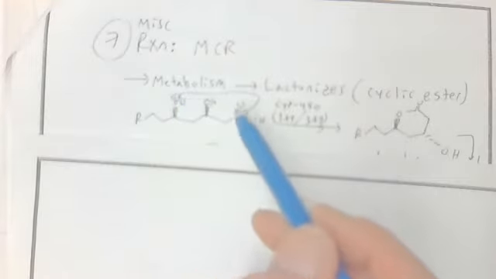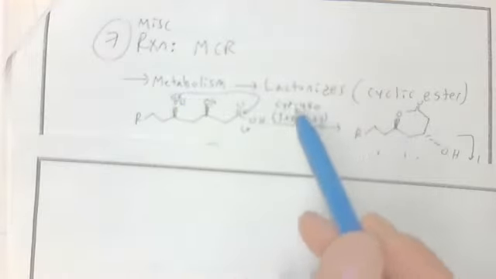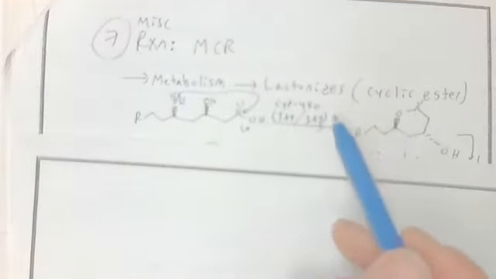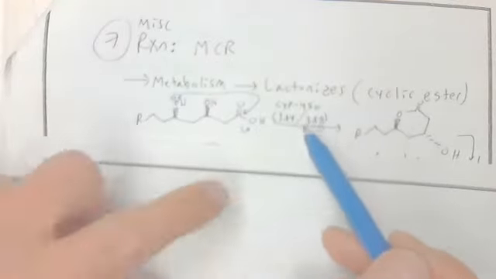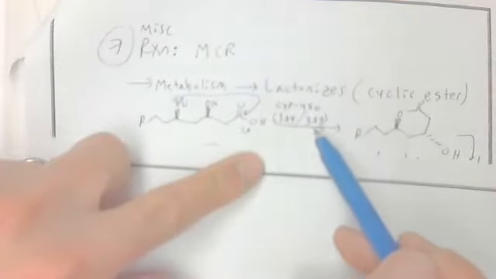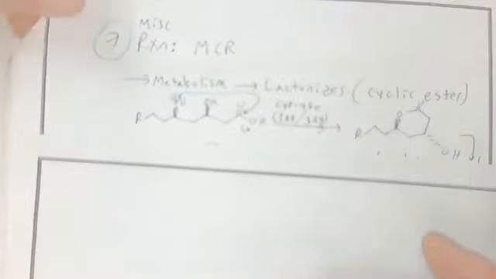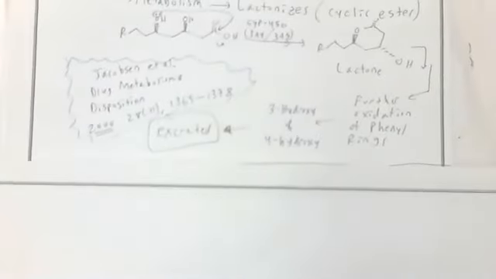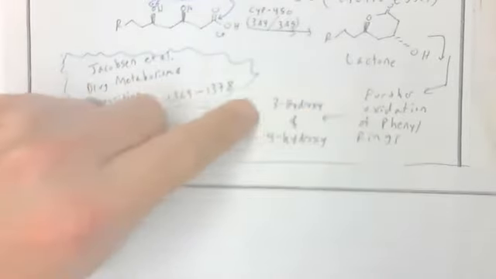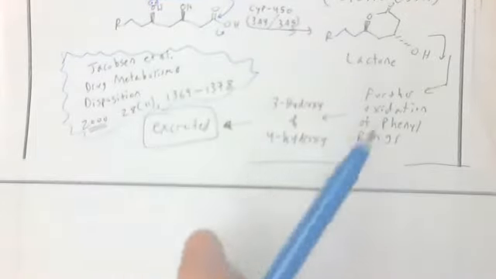So this oxygen kind of attacks here, kicks off the OH, and it's all catalyzed by the enzyme cytochrome P450 3A4, 3A5, and it makes the lactone, and then the lactone is further metabolized because there's benzenes. The benzenes get oxidized to hydroxybenzenes, 3-hydroxy, 4-hydroxy, and those are ultimately excreted. This paper describes this all.